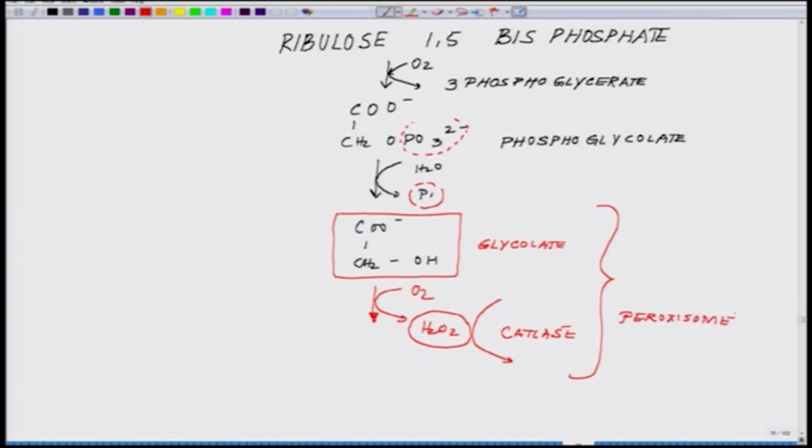And you end up with glyoxylate, which is COO minus CHO. You are getting rid of one of the hydrogens, and this is after the oxidation which has taken place because of this oxygen, giving glyoxylate.